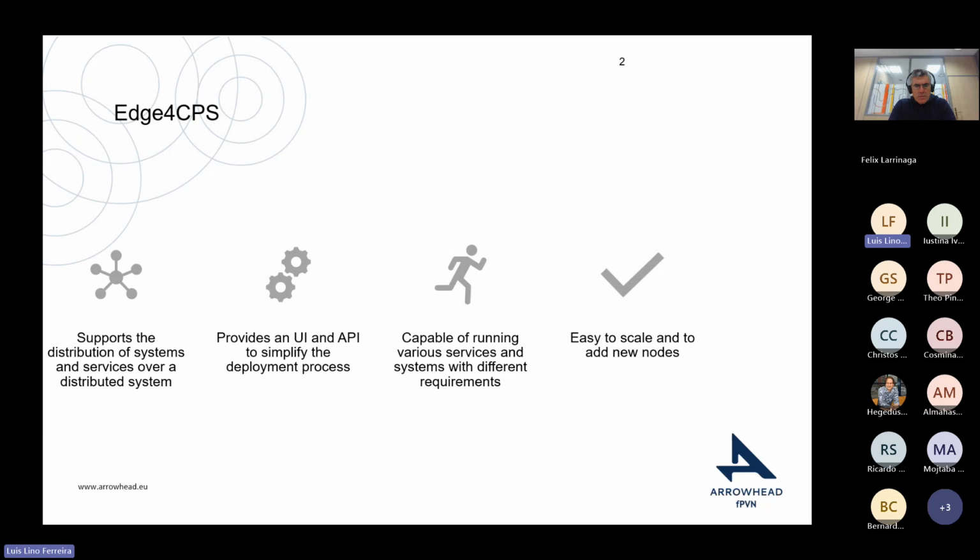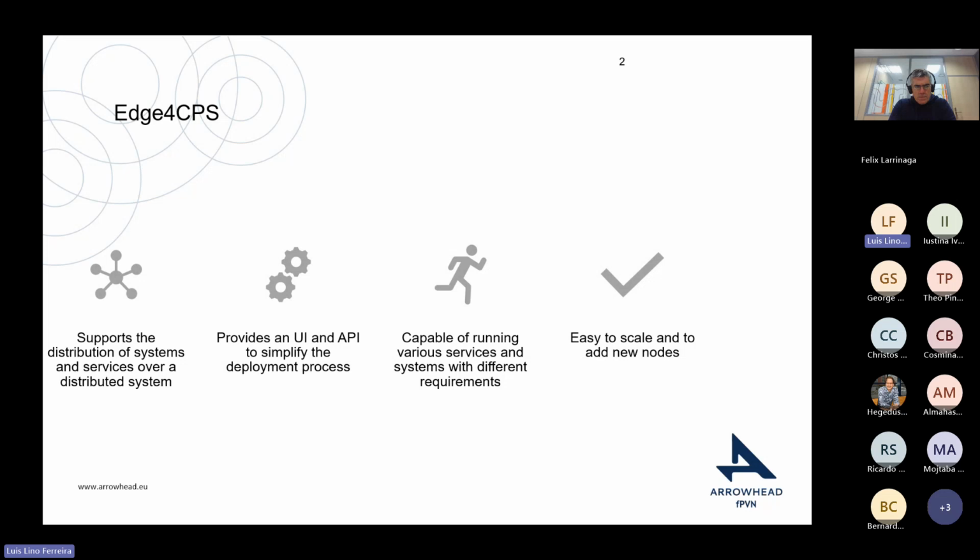Okay. And it basically simplifies the deployment process by simply saying deploy this service, and it will deploy and register itself on Arrowhead and establish all kinds of connections. Okay. It is capable of supporting multiple kinds of systems and services. So we have many systems which are supported by x86 hardware, many by ARM, others by other technologies.